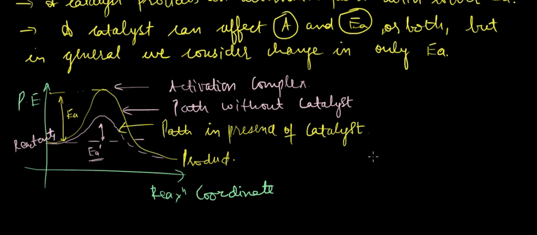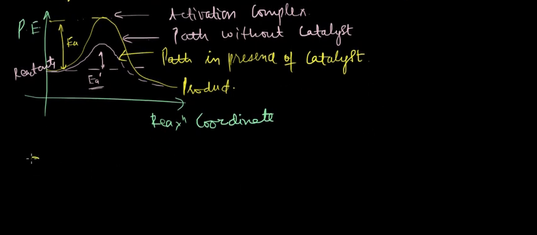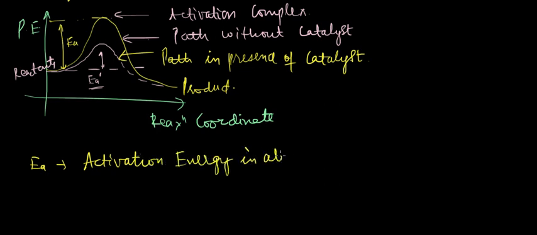Let me put this in words: EA was the activation energy in absence of catalyst, and EA dash is the activation energy in presence of catalyst.